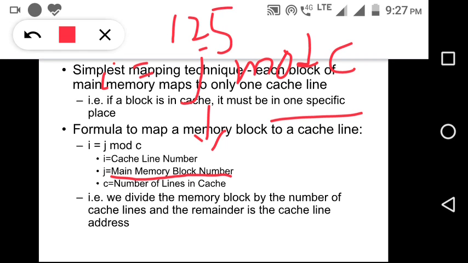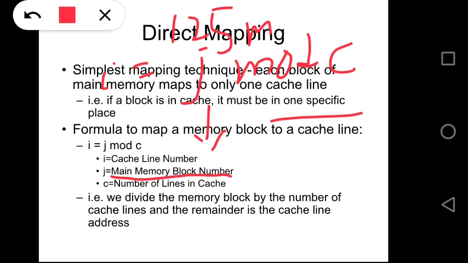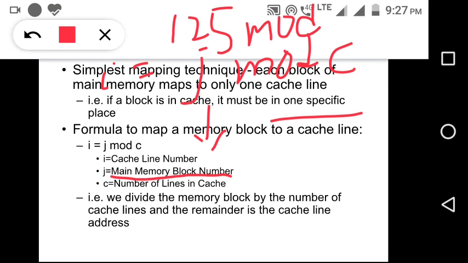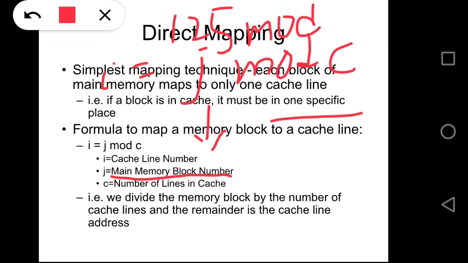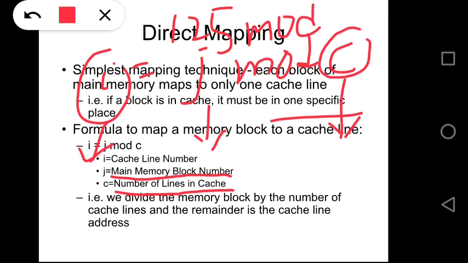In the earlier case I said 125. Mod C, where C is the number of blocks in the cache. What do you get? Cache block number.